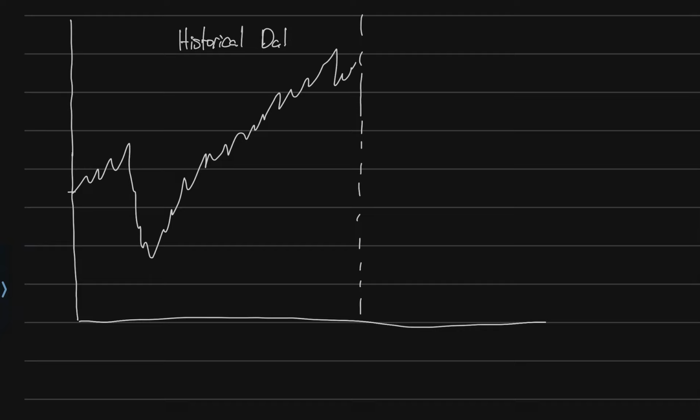So in the same way, let's say we have some initial stock, right? How about we have some path, and this is what we know. This is going to be our historical data.